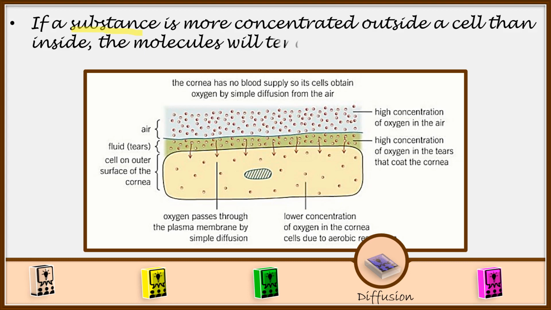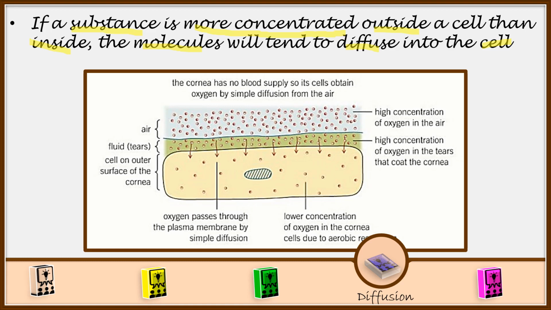If a substance is more concentrated outside a cell than inside, then the molecules will tend to diffuse into the cell. For example, the substance we are talking about here is oxygen. This substance, oxygen, is more concentrated outside of the cell than inside of the cell.